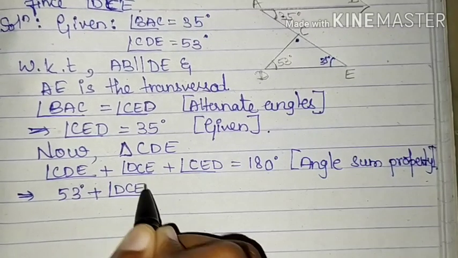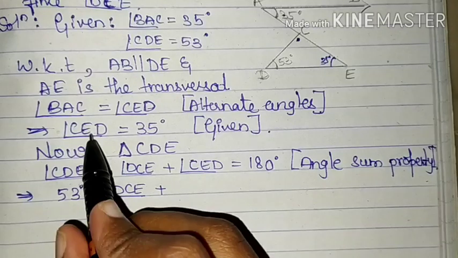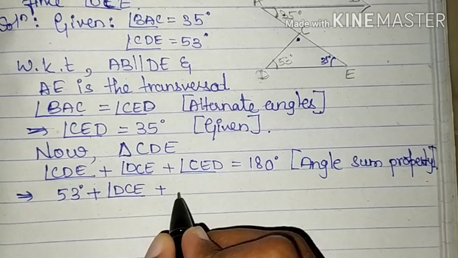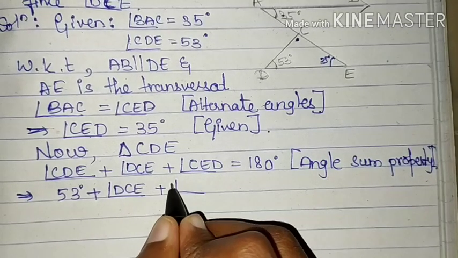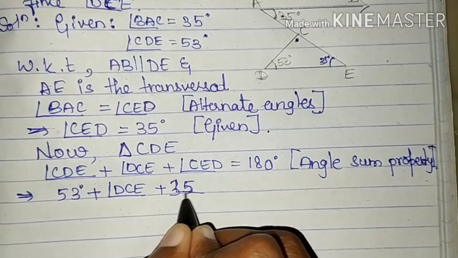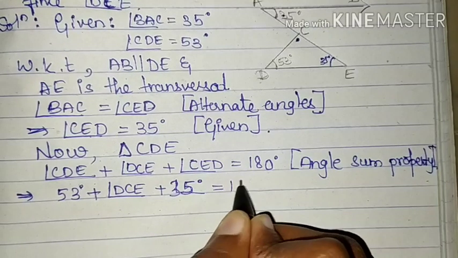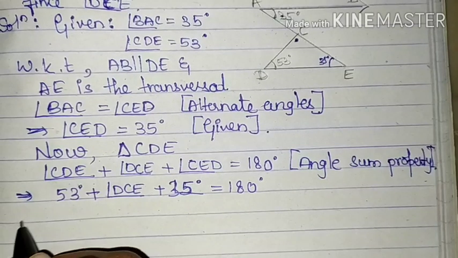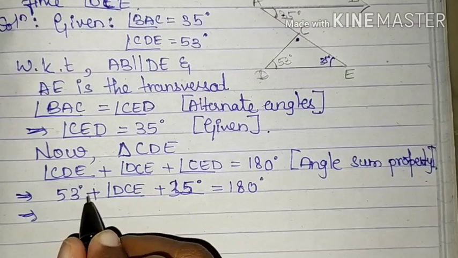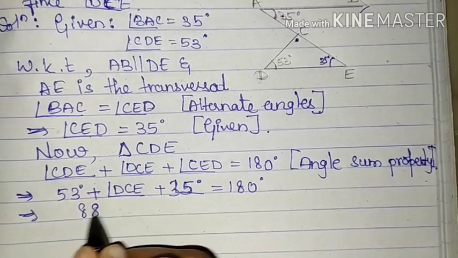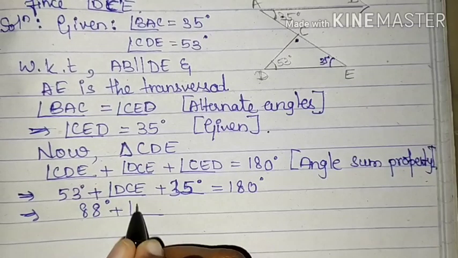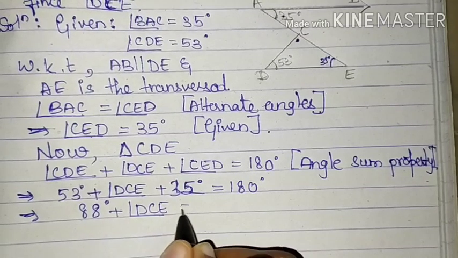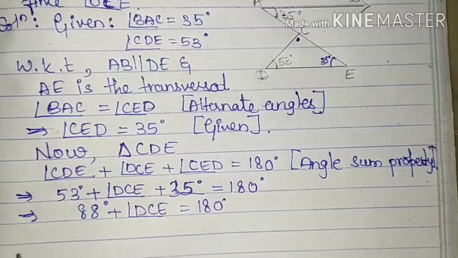Angle DCE plus angle CED. We found out the angle CED is equal to 35 degrees, which is equal to 180 degrees. So on simplifying, we get 88 degrees plus angle DCE is equal to 180 degrees.